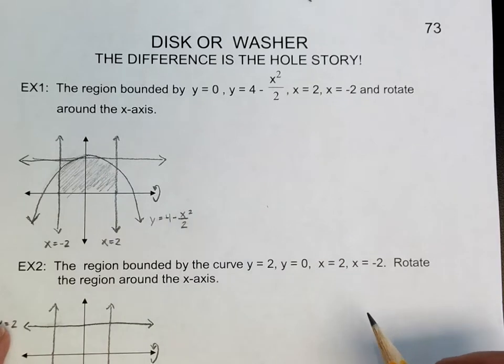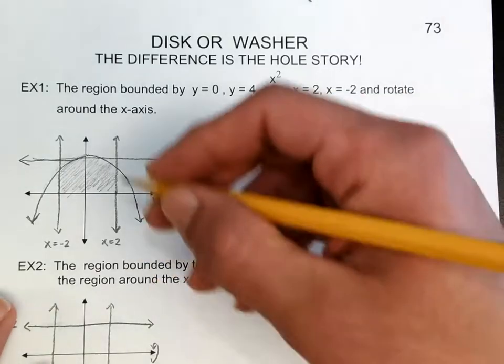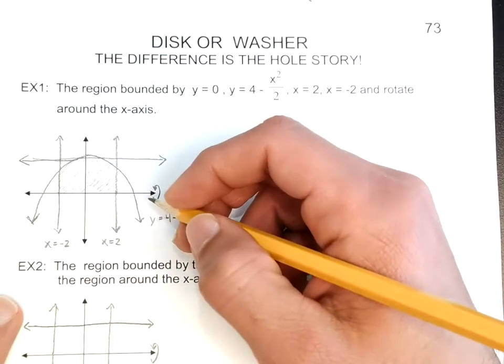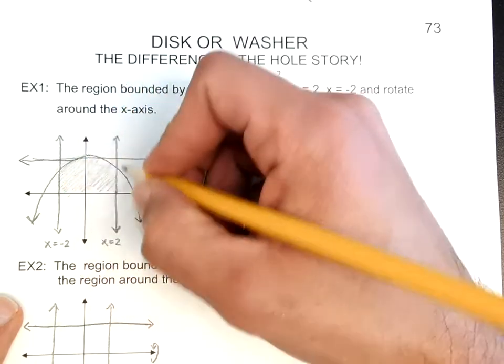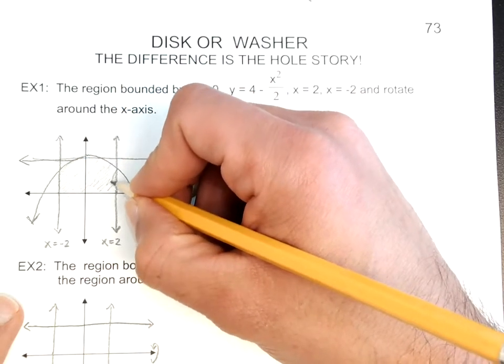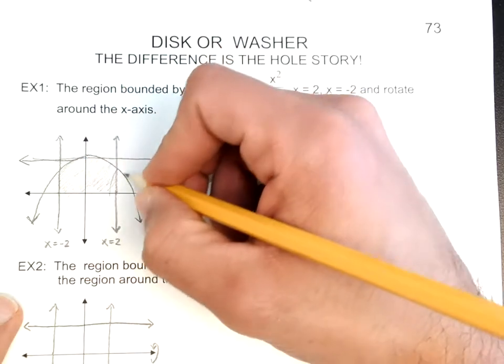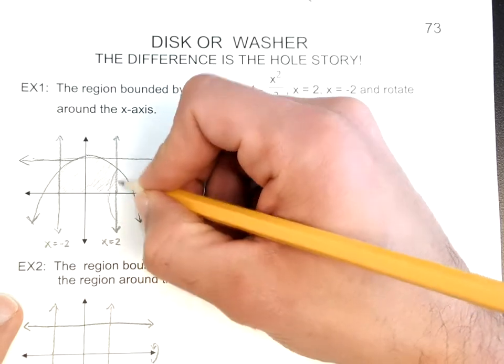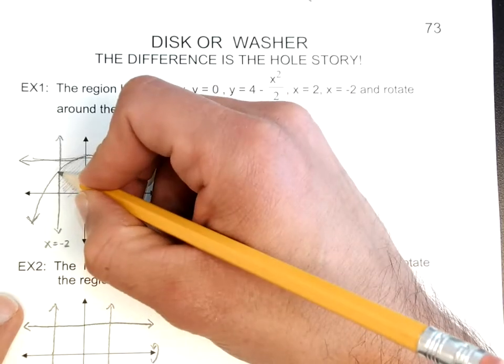Alright, and now they want us to rotate around the x-axis. Now, if you watch what I did yesterday, or whenever it is that you watch this, this is actually not very hard to do. If you rotate this area right here, it would basically look like, let's see if I do this correctly, something like this, maybe.